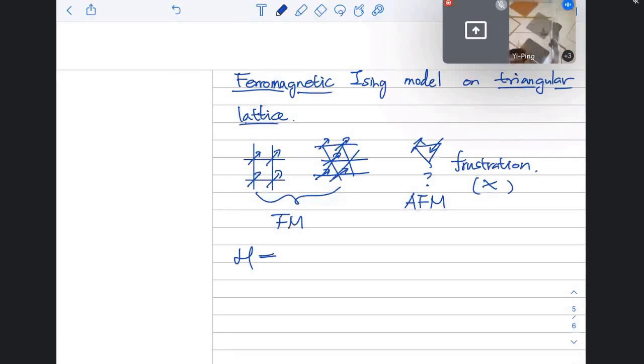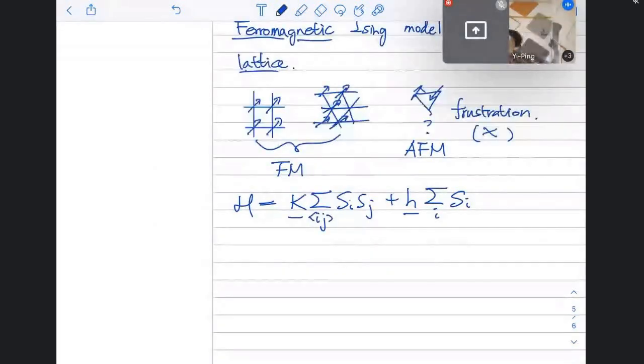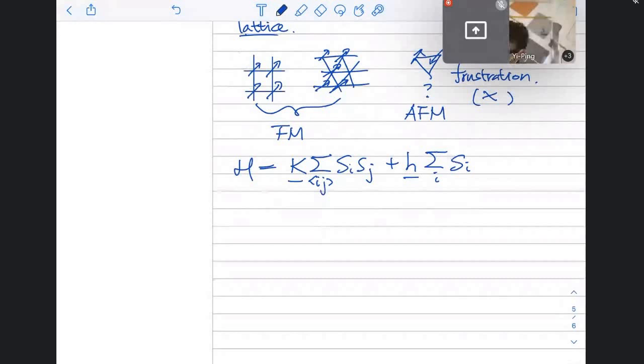So the Hamiltonian will look like K times the nearest neighbor coupling, and field H. And all these K and H are basically dimensionless. Remember that ferromagnetic means that here the definition of K is beta times the coupling J, and ferromagnetic means this J is smaller than 0, so all the spins prefer to be aligned with each other.